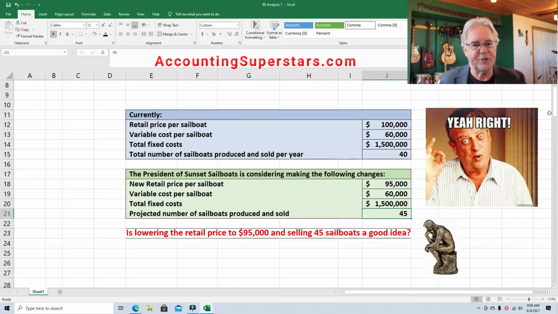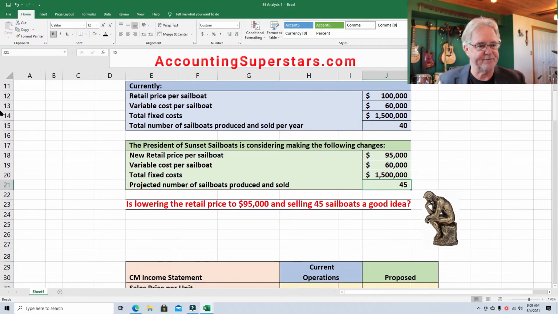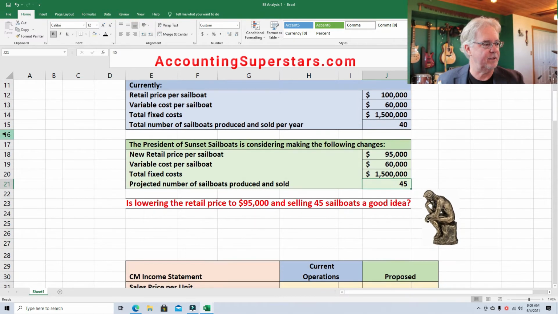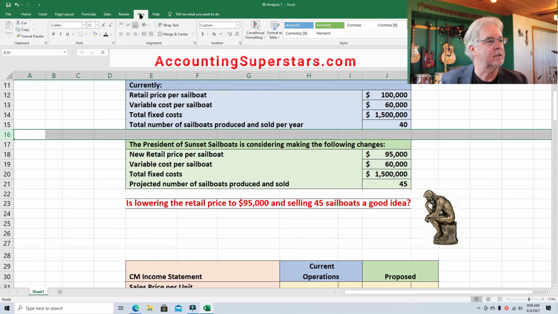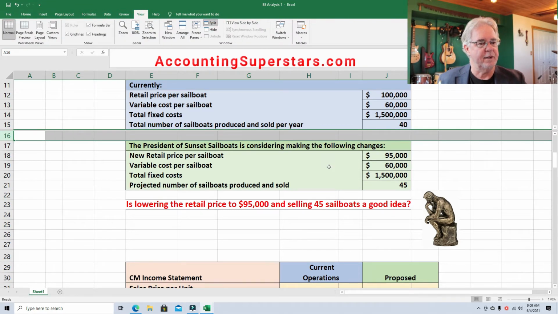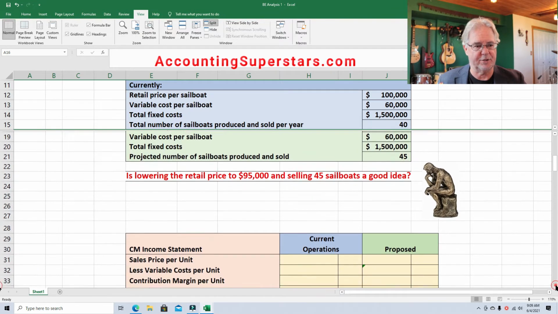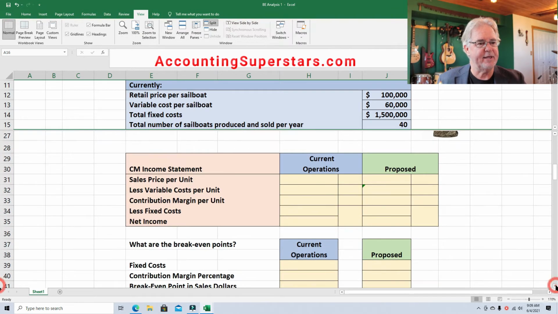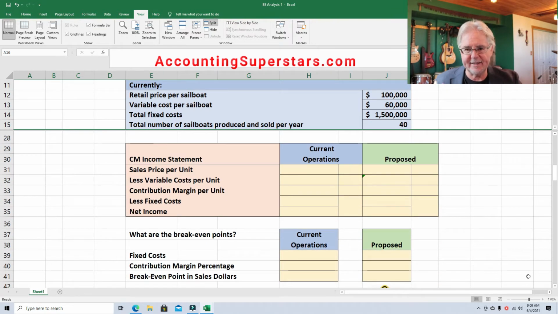So what I'm going to do is split the screen right about here. There we go, and go down to this really handy chart. We're going to create an income statement of sorts, but this is a really cool way to do it.